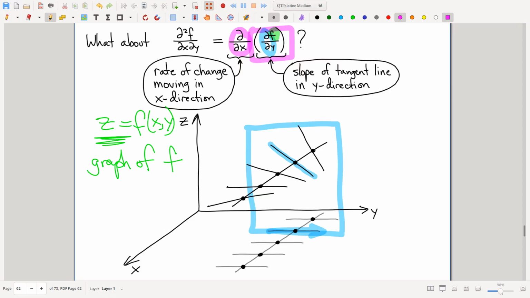If you're not looking at a graph, forget about slopes and cross sections. It's just not what it means. So we're going to have to find a different way to make sense out of this. What does this x partial mean? What other tools do we have for understanding x partials? And the one I'm going to use here is, okay, as I move in the x direction, how fast is that thing changing?